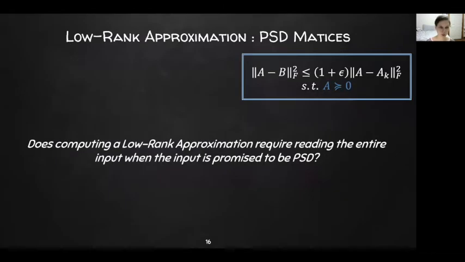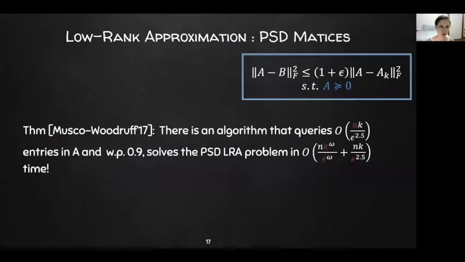The central question in this work is whether computing a low-rank approximation requires reading the entire input when the input is promised to be in positive semi-definite form. This question was first addressed by Musco and Woodruff in 2017, and they showed that reading the entire input is not necessary.